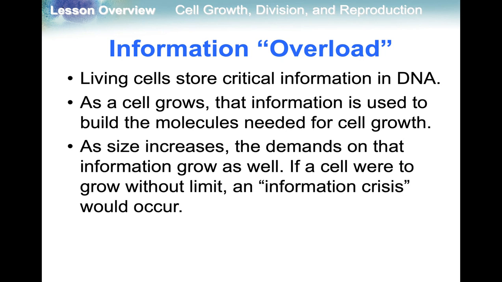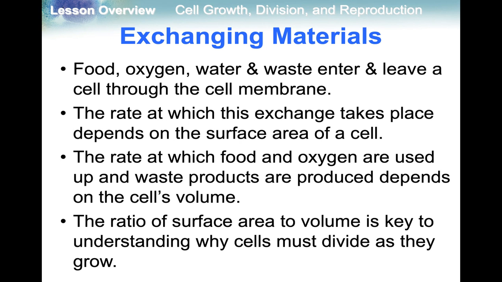It's used to build molecules needed for cell growth. As the size increases, the demands on that information grow as well. If the cell were to grow and no limits were put on it, then it would have an information crisis. It would be unable to meet the needs because it would be so large that the information just wouldn't get to the parts of the cell that we need it to.